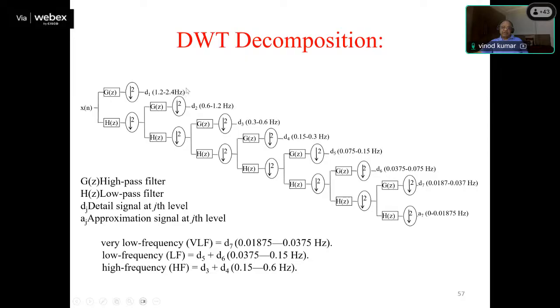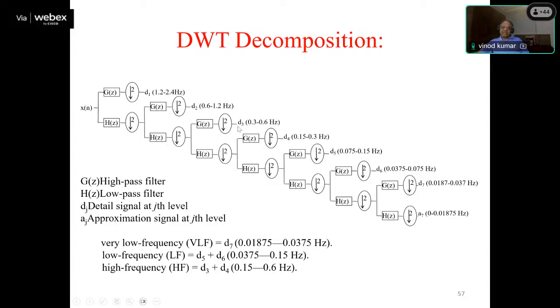If my sampling frequency is 4.8 hertz, my highest frequency will be up to half of this, that is 2.4 hertz. So the high pass filter will give me 1.2 to 2.4, and the low pass filter will give me 0 to 1.2. Again, applying the high pass filter on this gives 0.6 to 1.2, and the low pass gives 0 to 0.6.